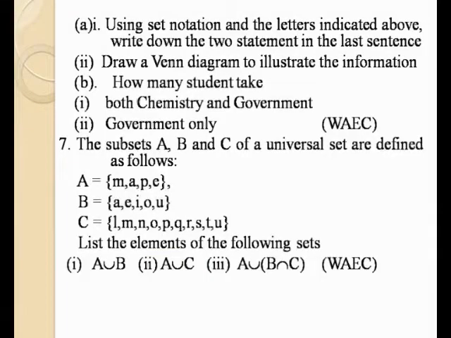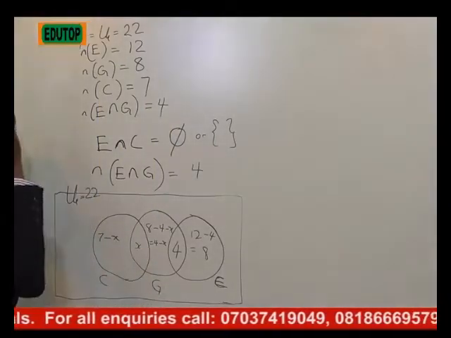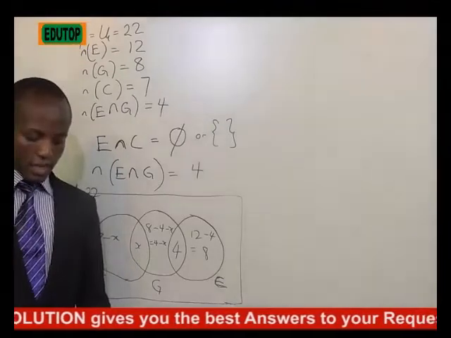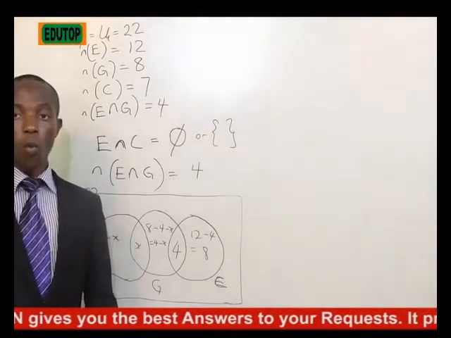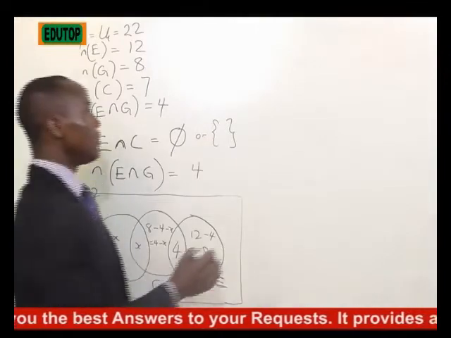We are now going to the B part, which says how many students take both chemistry and government. From the information given, we were told that each student takes 1 or more of chemistry, economics, and government. That is, we don't have exclusion.